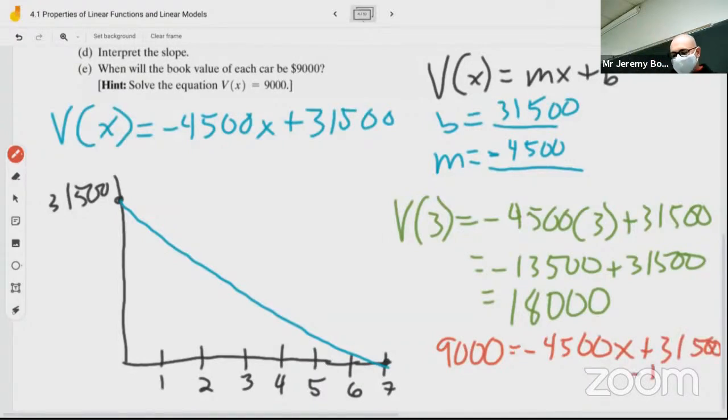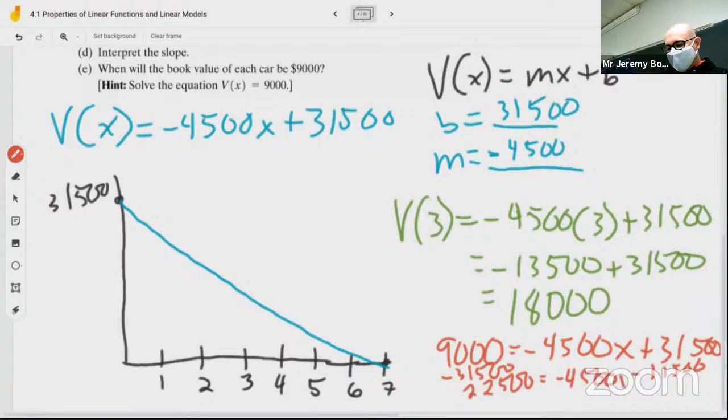We're going to subtract 31,500 from both sides. We get negative 22,500 is equal to negative 4,500x.